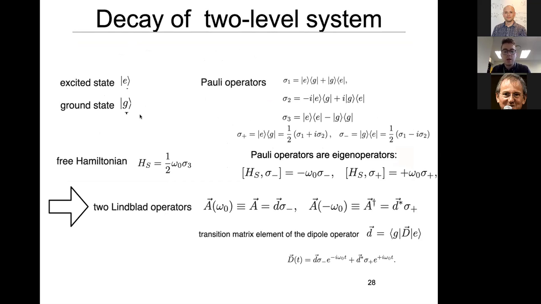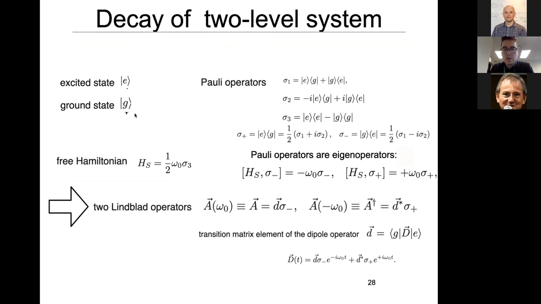So just to quickly go over this, we can consider the case where our open quantum system is described as a two-level system.